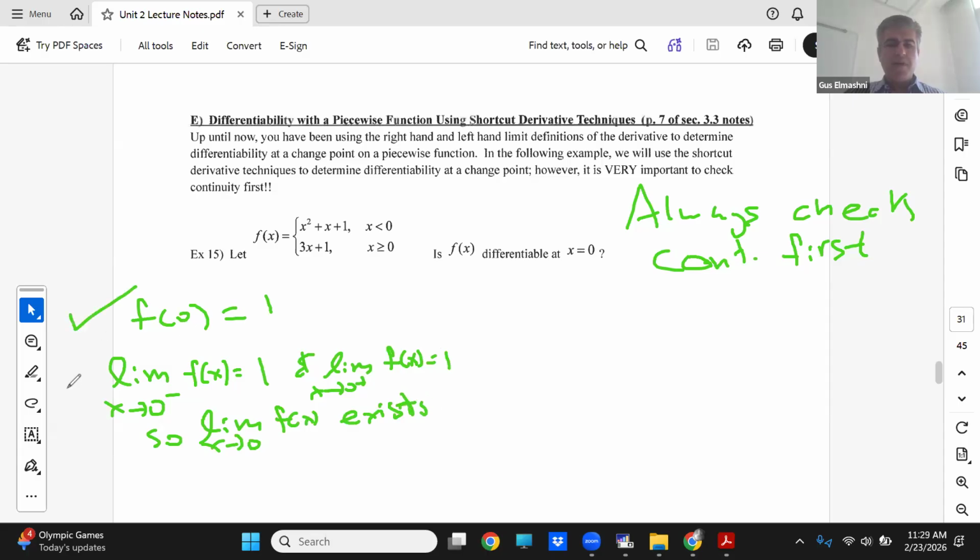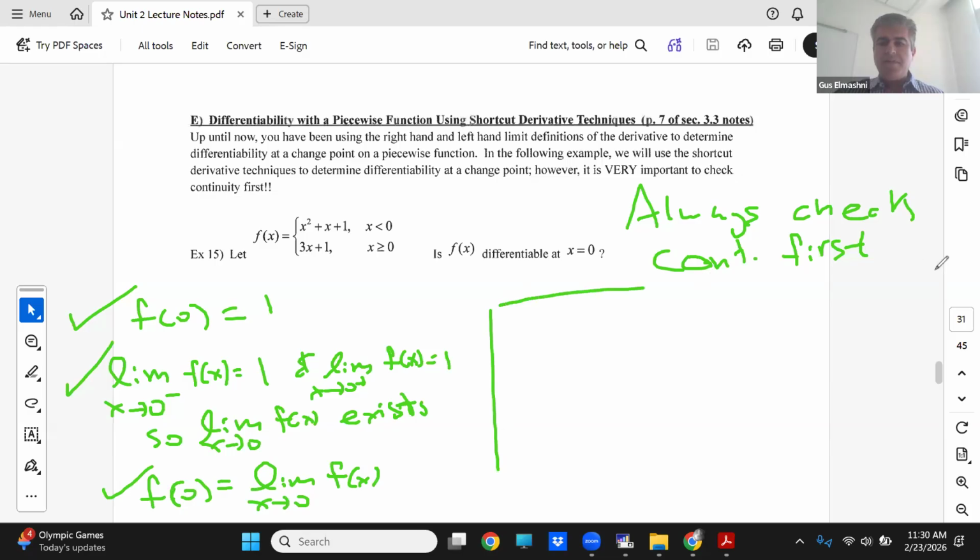So condition 1, condition 2. And then, of course, the third condition is also true, right? So now, we're good there.